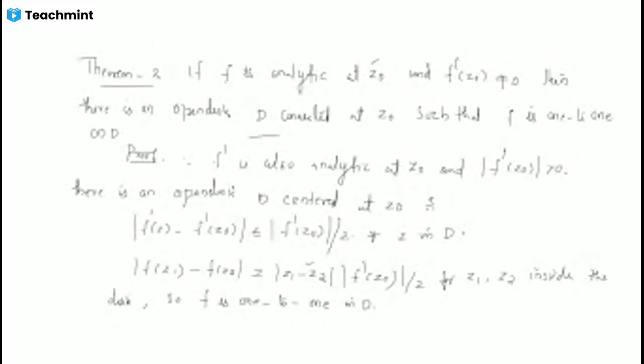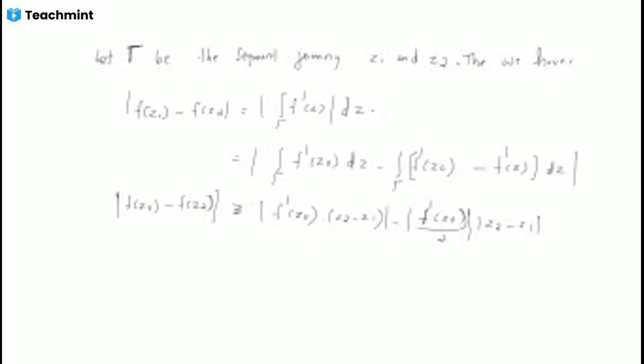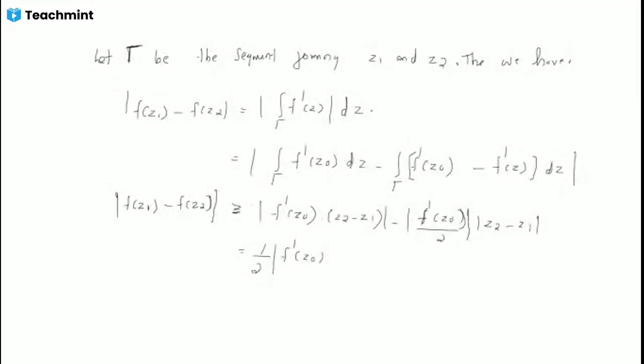See this one, which is equivalent to 1 minus half, that means half mod f'(z0) into mod z2 minus z1. Is it okay?